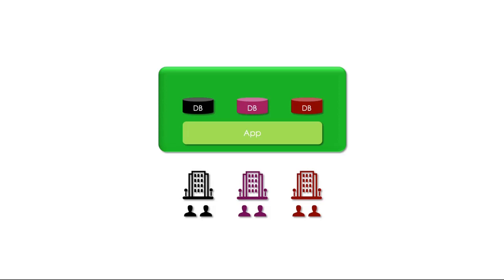So this is one step on the right path, where only one application is serving all our customers. All the changes, all the upgrades, all the fixes will be applied once on the application layer. But again, we see a problem with the database architecture in this approach.